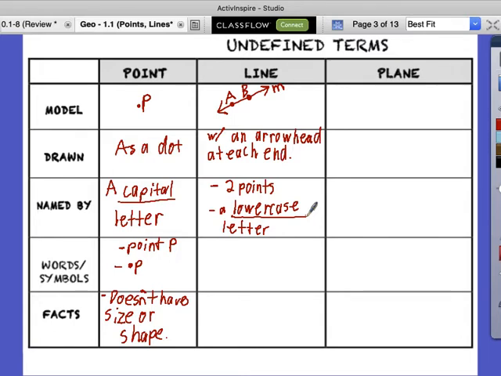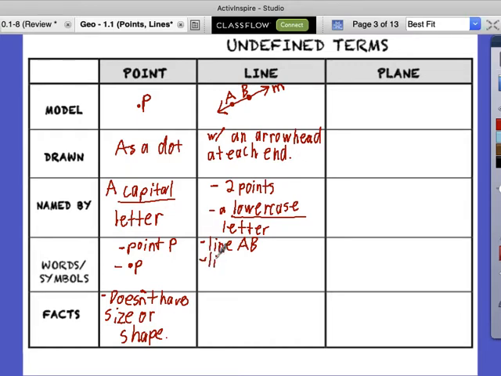In words and symbols, we can write out the word line and do line, capital A, capital B, because those are 2 points on the line. You could say line AB. Now you might be wondering, does the order matter?